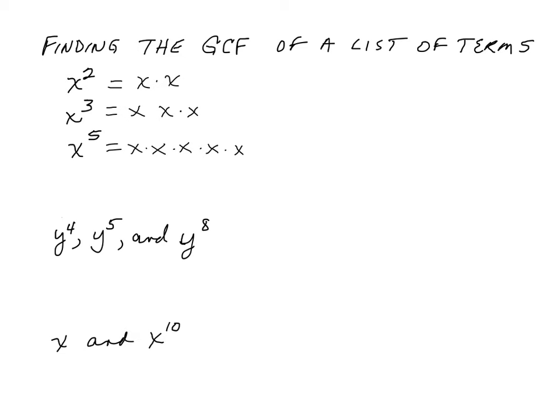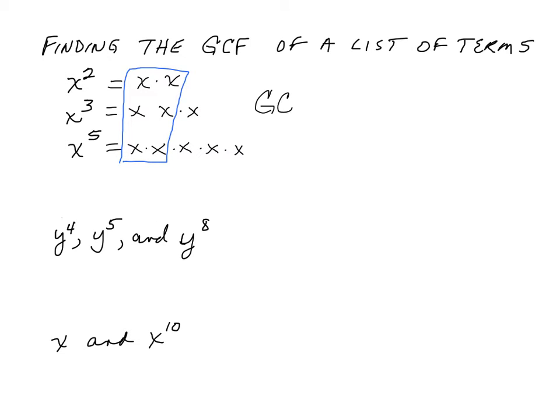Now, look at those terms and tell me what's common to all of them. How many factors of x do they all have in common? Look at it. They all have at least 2. So the 2 factors of x is what they have in common.